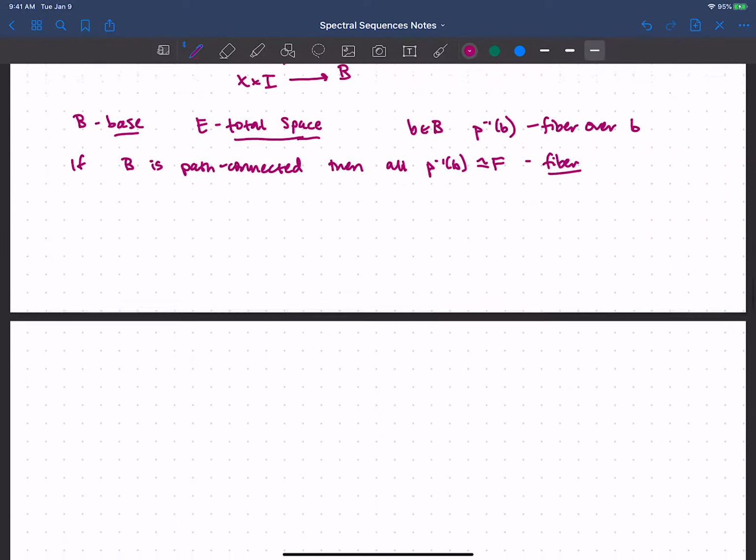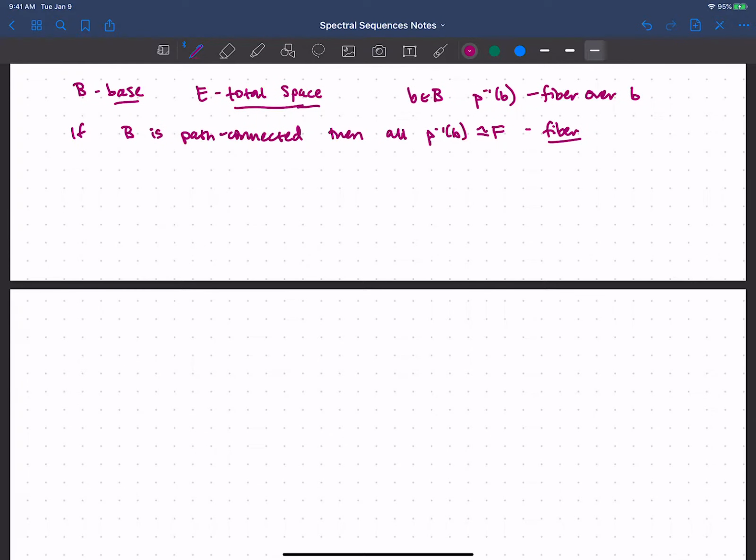Okay, great. So then you might remember from your algebraic topology course that given some fibration, so I'm going to write F to E to B, and the fact that I'm writing F here sort of implies that my B is path connected so that F is well defined up to homotopy.